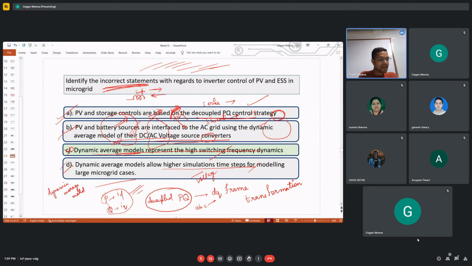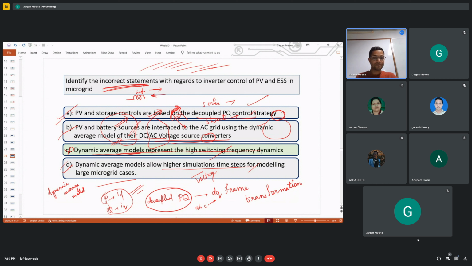It will become very computationally intensive. So that is why for average models, we can use larger time steps and run our simulations very quickly. And if you want to capture everything, steady state as well as dynamic, then also we have to use that small time step.